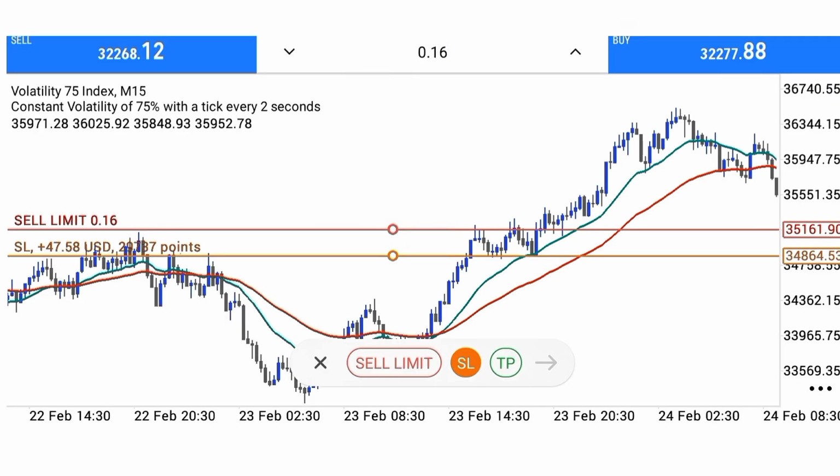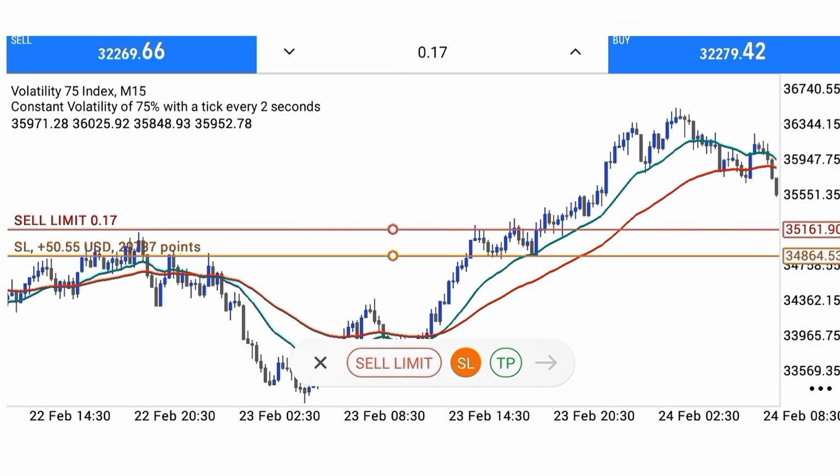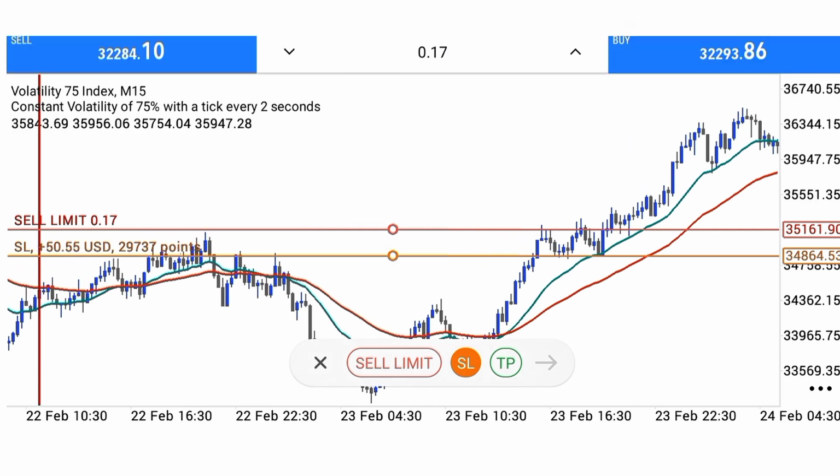Okay, this one is too much. Let's try 0.16. Now it's smaller. Let's try 0.17. All right, now it's 50.55. I can go with this. Even if it's 55 cents more than my risk, I can still go with it.